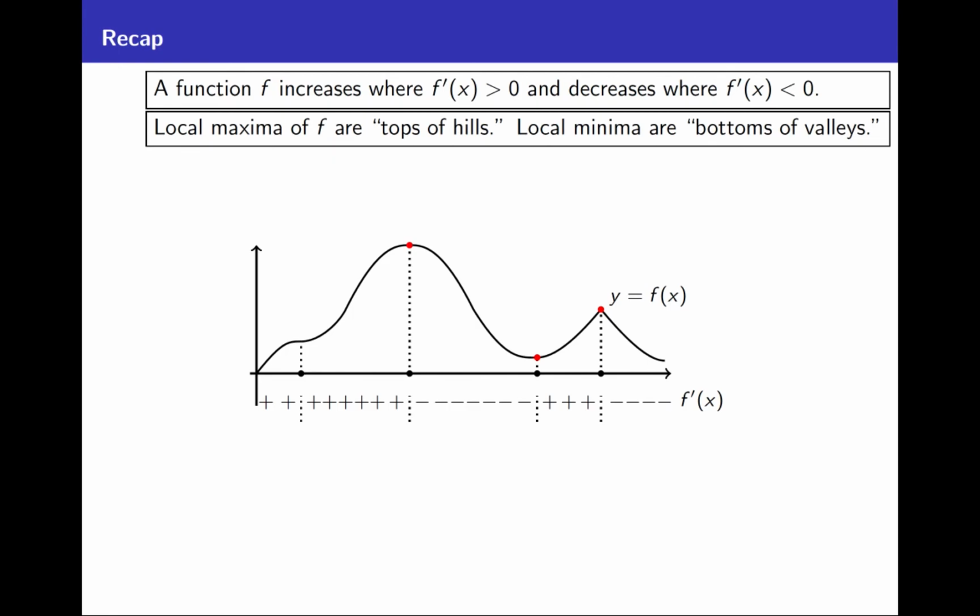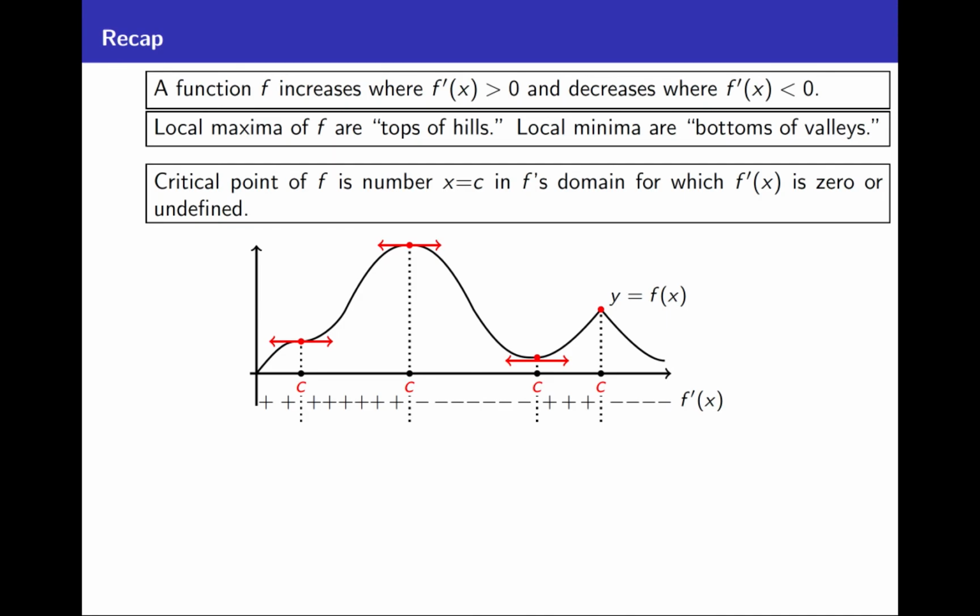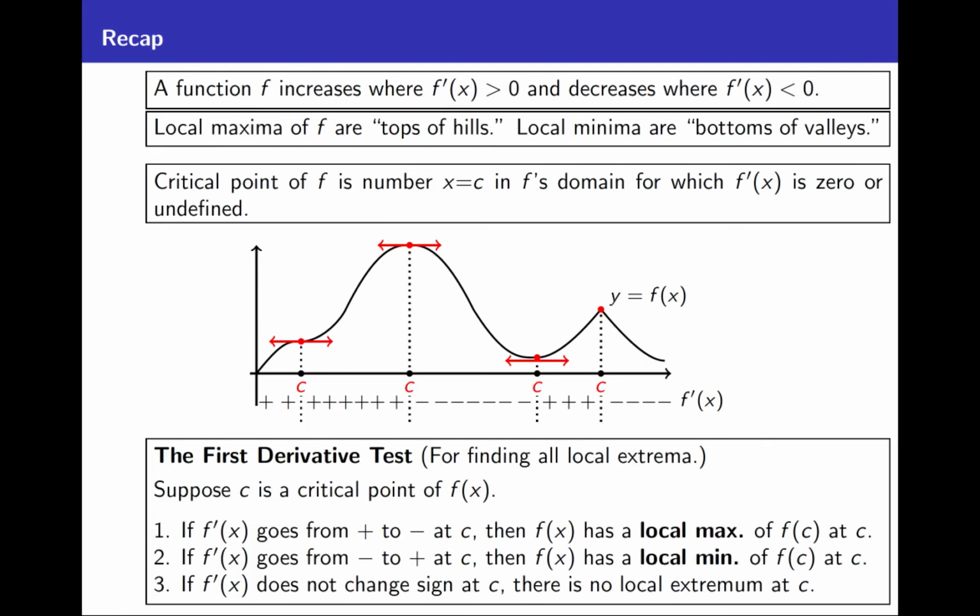The local maxima of f are the tops of the hills in its graph, and the local minima are the bottoms of its valleys. A critical point of f is a number x equals c in the domain of f for which f prime of c is 0 or undefined.